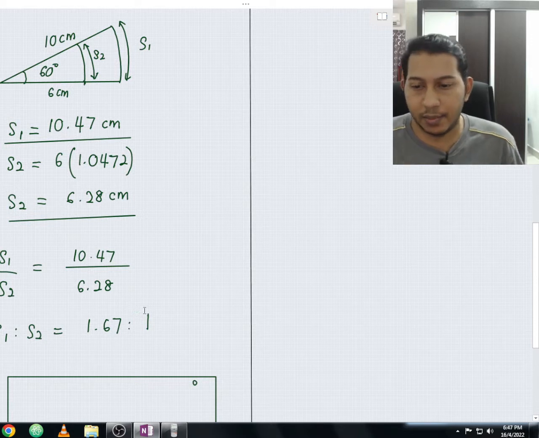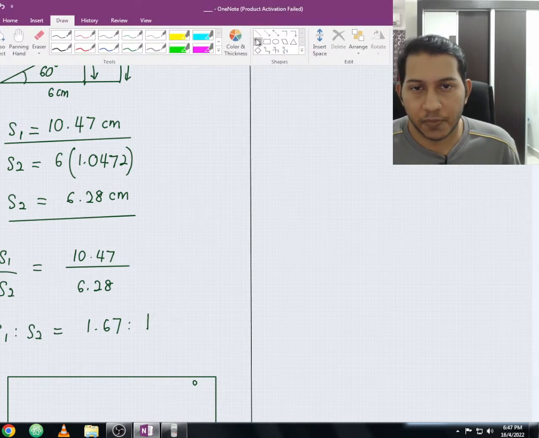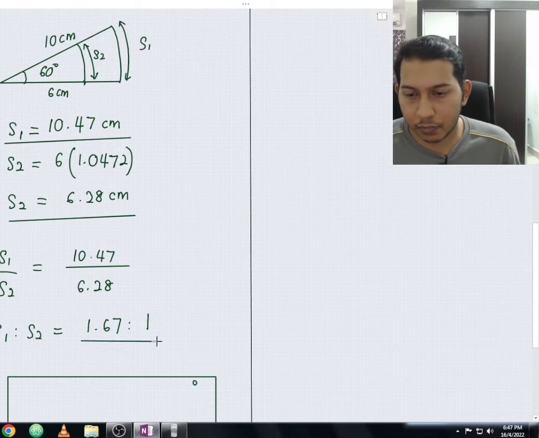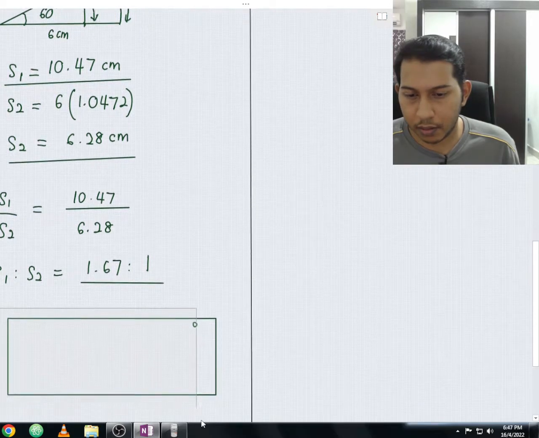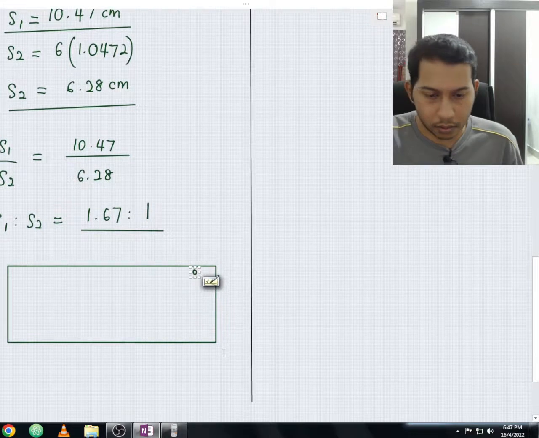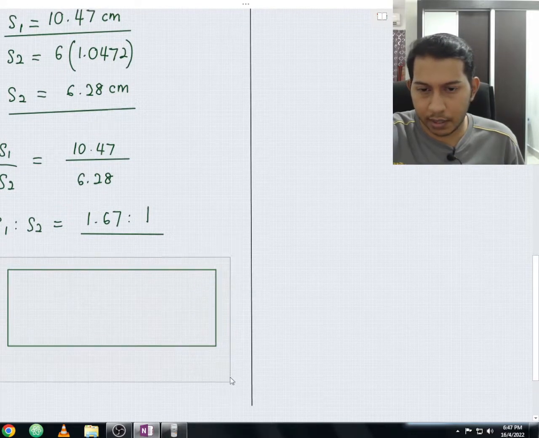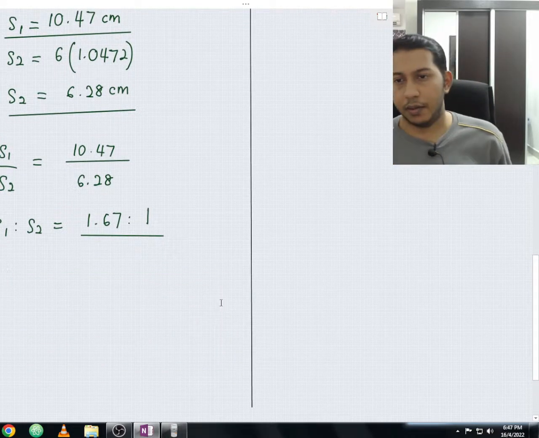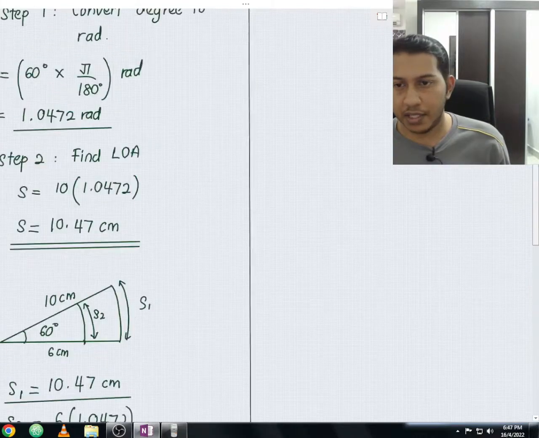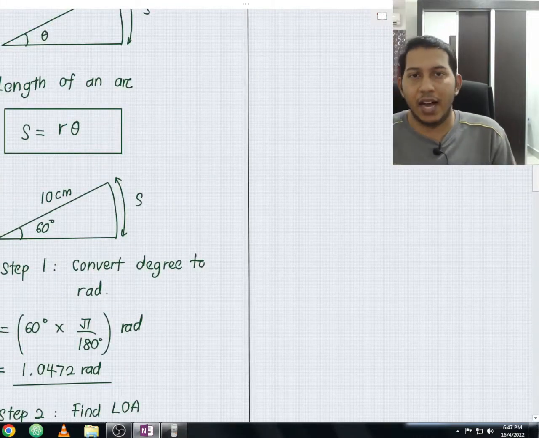So that is the explanation, guys. Let me underline this, and let me delete this. So this is the brief explanation behind the length of the arc concept, guys.